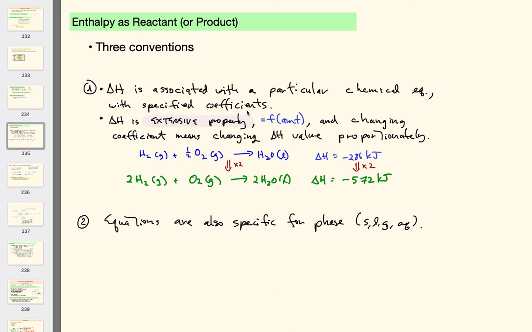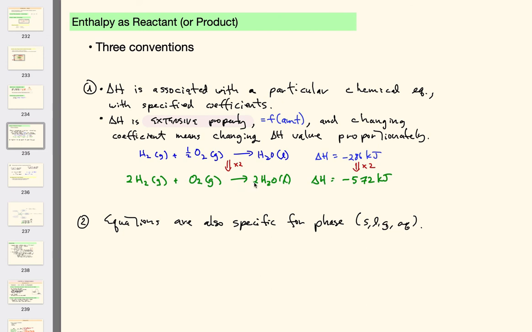Ooh, really? Yeah. So here's what you want to remember in thermo for sure. You don't see this 2 and this 1 in front of the O2 and this 2 as 2 atoms. Don't do it, don't do it, don't do it. You need to think about these in terms of moles. You've got 2 moles of this and 1 mole of this and 2 moles of this.